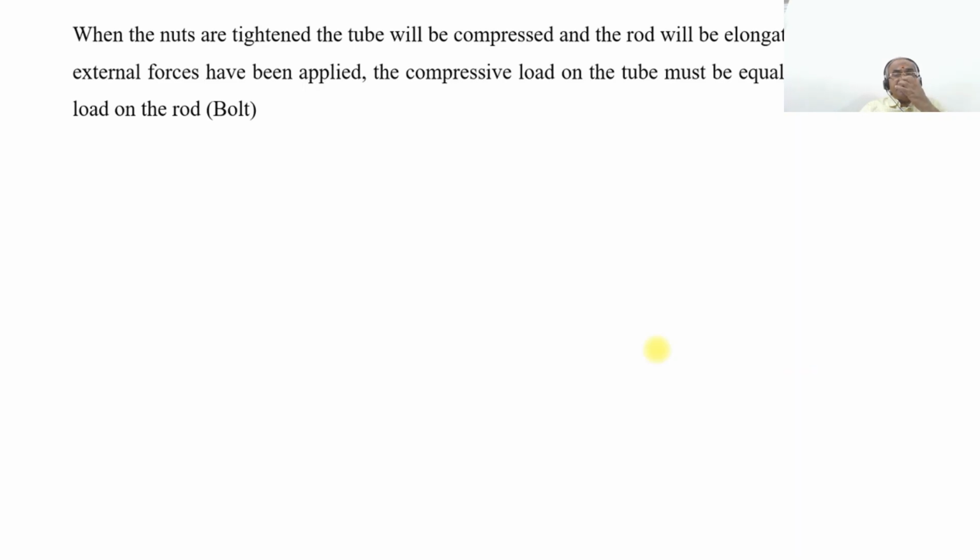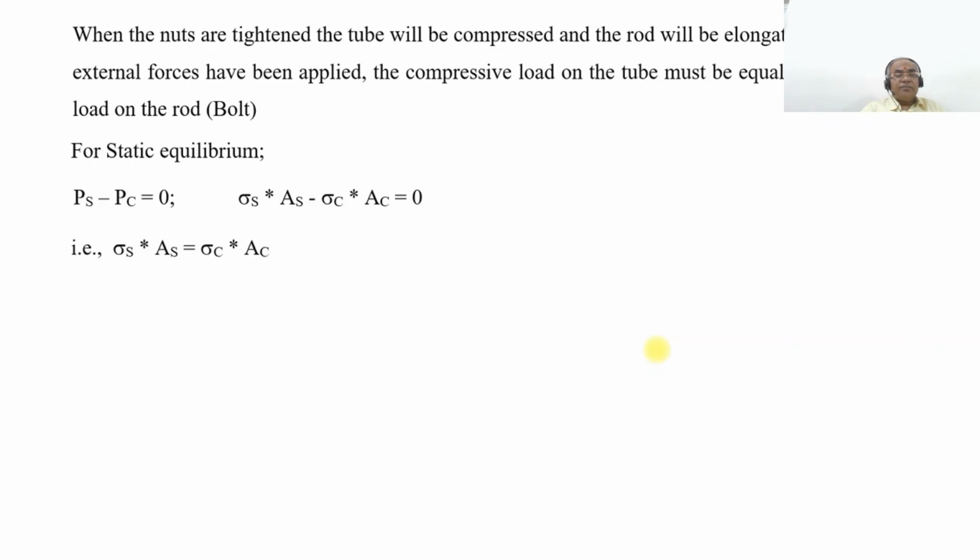Now, since no external force has been applied, the compressive load on the tube must be equal to the tensile load on the bolt. So what does static equilibrium say? PS minus PC will be equal to 0. PS is tension and PC is compression. PS is expressed as sigma S into AS, minus sigma C into AC, equal to 0.